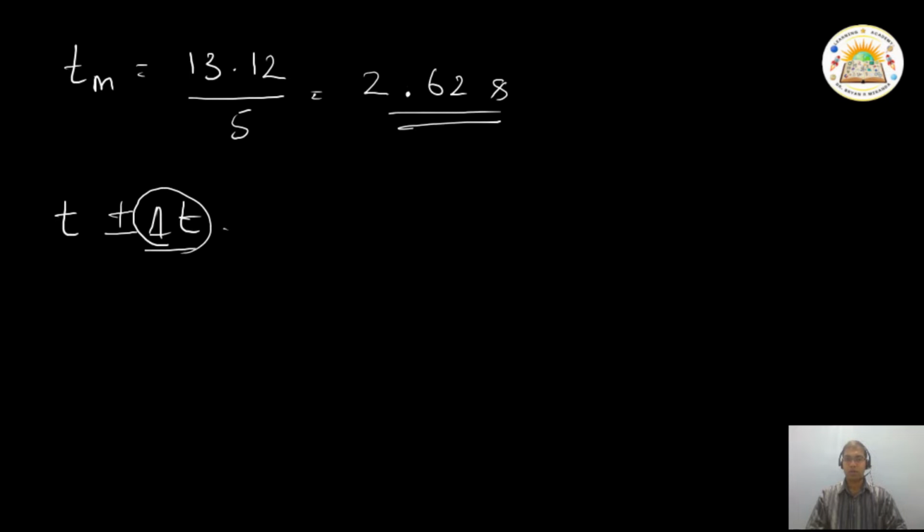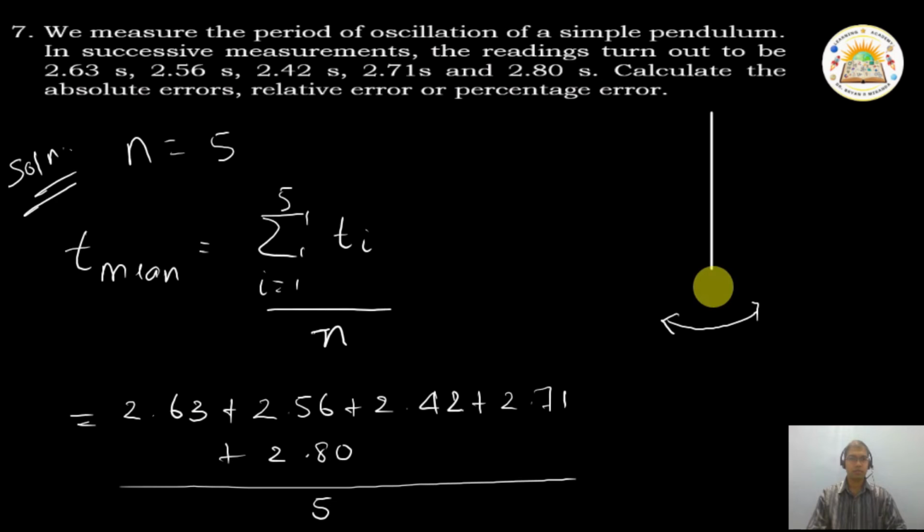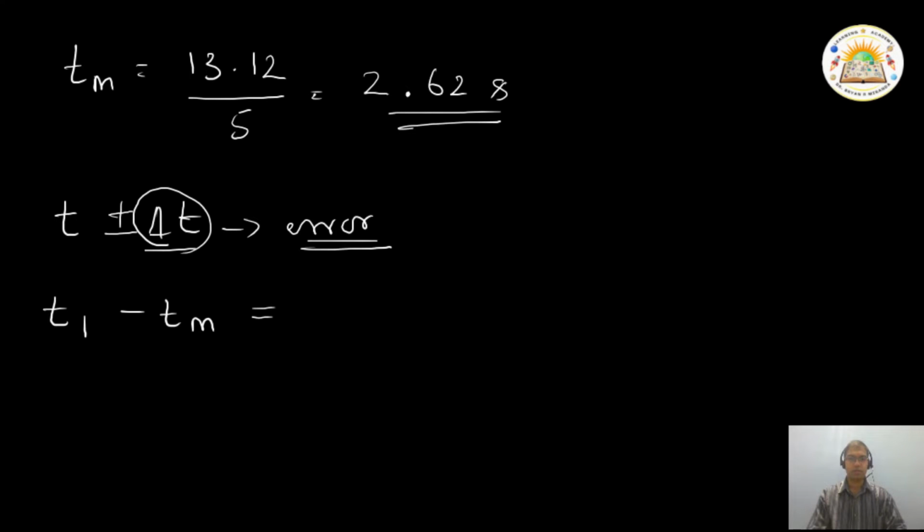Now, delta t here is going to signify the error. So how are we going to find the error? Whatever value is there, we are going to subtract it from the mean time, and this would give us our error. So, for instance, let us look at the first value, 2.63.